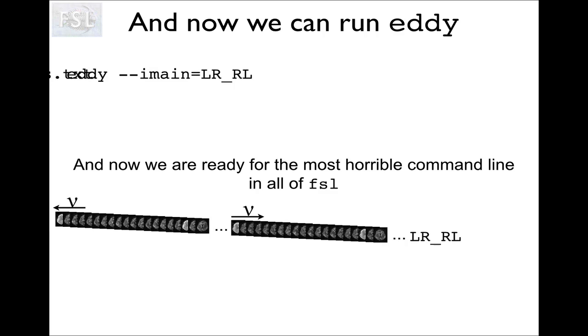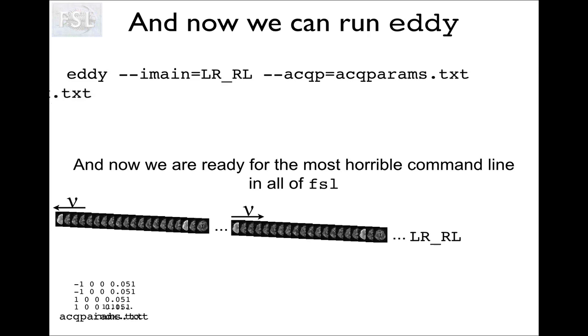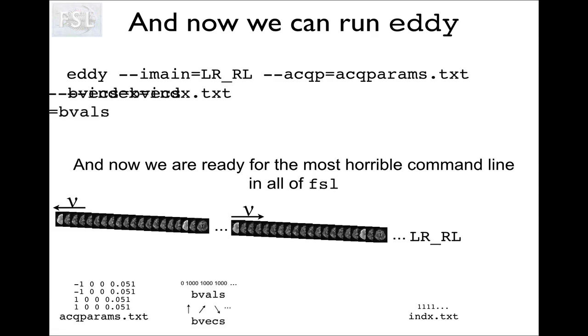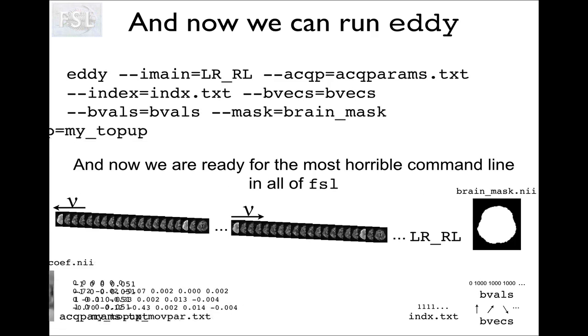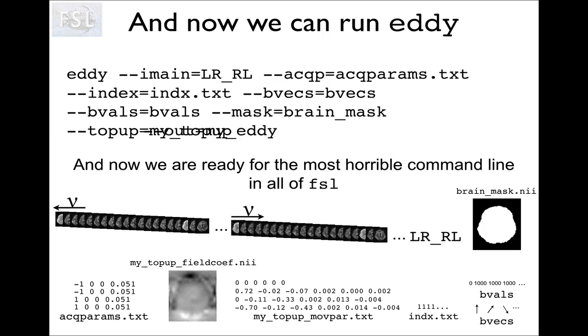So here's the data, and here comes the acquisition parameters, the index file, the b-vals and the b-vecs, the brain mask, the topup output, and then obviously we have to tell EDDY where to write the results. So that's how to run topup and EDDY on a data set of the HCP type.